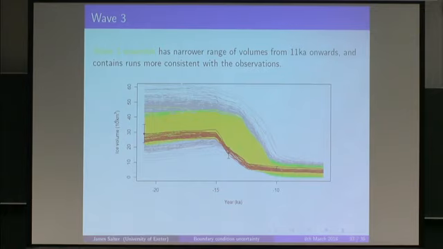And then we use this one because it's a good constraint later on. We want it to pass through here. Things are starting to level off by then, so that's a good thing to hit. And then this one is there to try and catch the speed of the deglaciation. A lot of these runs are just starting to melt too late, so this one's here to try and find whether we can actually have this melt in earlier, as it's required.